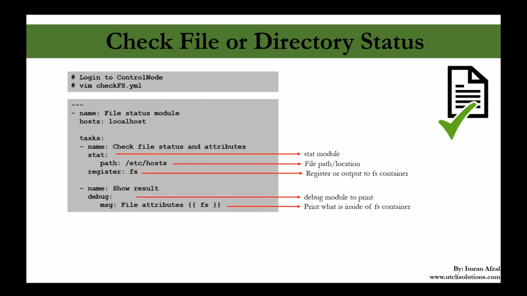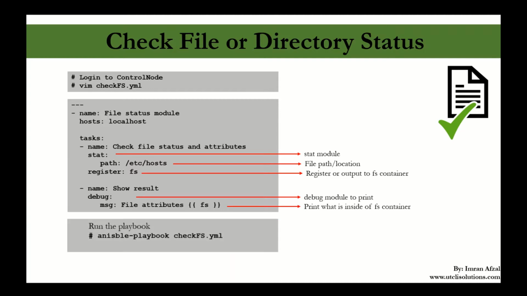All right, and then basically we'll run the playbook. And the command, as you know, will be ansible-playbook, space, the name of your YAML file or the playbook. All right, so let's go to our control node and let's run this playbook.